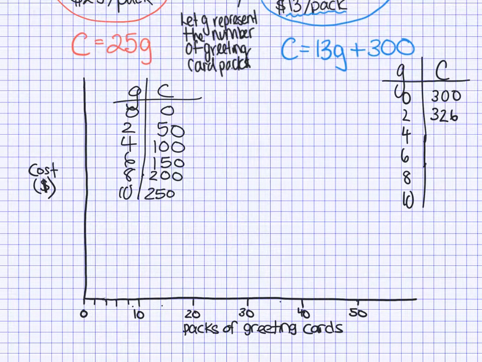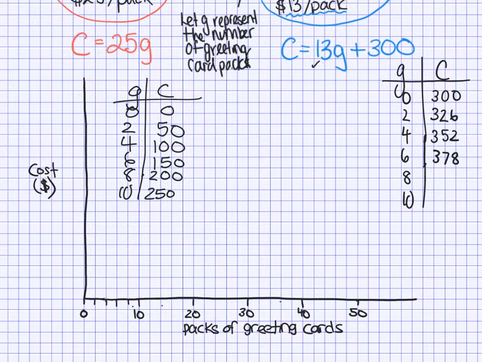If I buy 4, 13 times 4 is 52, plus 300 is 352. If I buy 6 packs, 13 times 6 is 78, plus 300 is 378. And they're just going up by 26 every time, which makes sense, right?